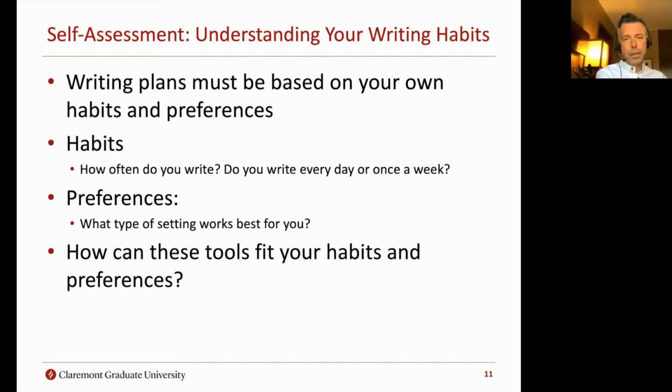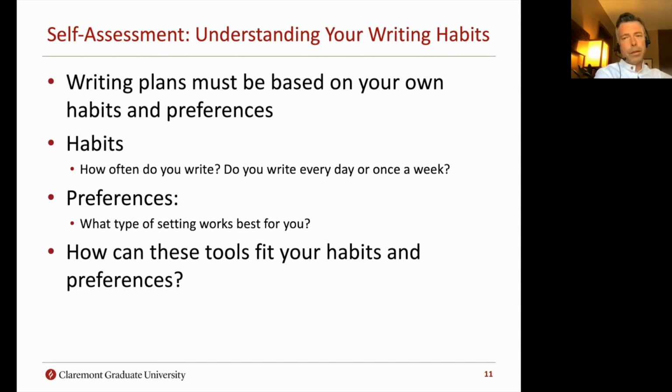The sorts of things that are really important for the sustainability and for the accomplishment of the long-term goals. So, thinking about how often you write. Do you write every day, once a week? What type of settings work best for you? How can these fit into your habits and preferences? There's a wide range, and you don't have to write every day. Even some people do write really well, waiting until the end.